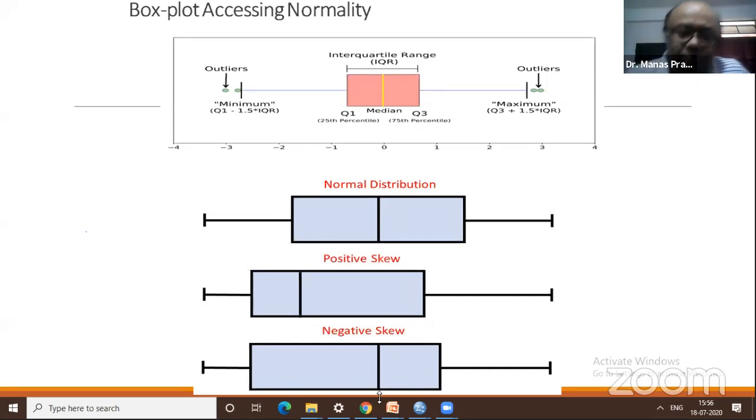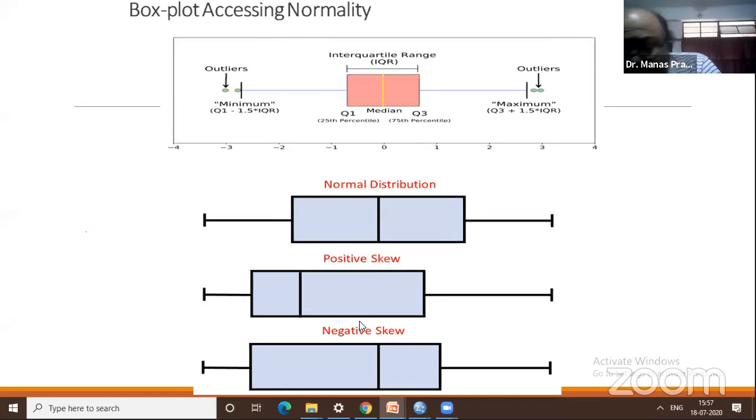So by observing the box plot, you can have an idea whether my data follows a normal distribution or not. If your median value lies at the center of the box plot and there are no outliers, then it is called normal. If it falls this side, it is positively skewed. If it falls this side, it is negatively skewed.